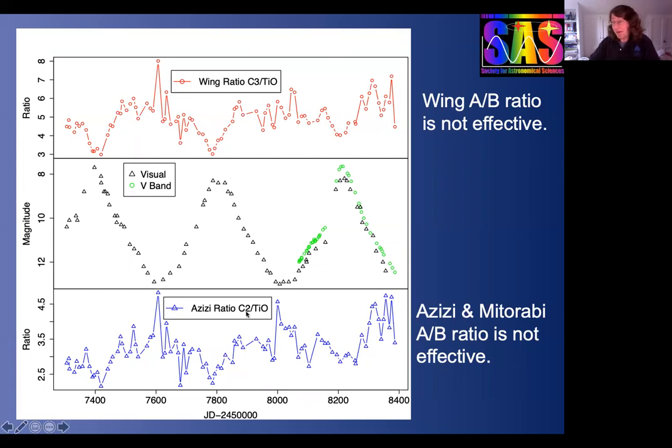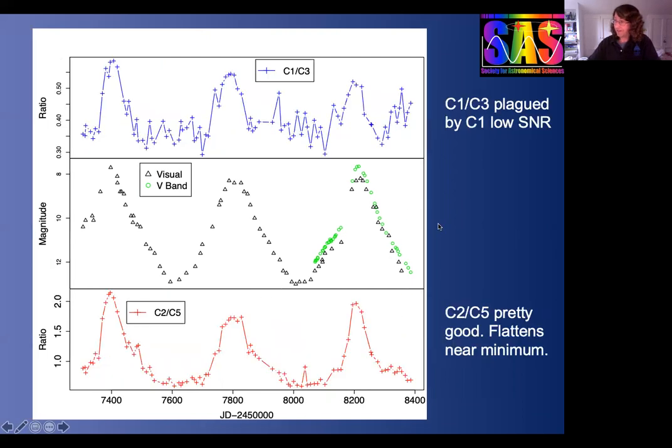Okay, the Aziz and Mittarabi ratio, which is designed to avoid the wing ratio shortcomings, that's shown here on the bottom, was also not as effective at low spectral resolution. In fact, we saw almost no response from it at the brightest point in the star cycle. Now, let's look at C2, C5, and C1, C3.